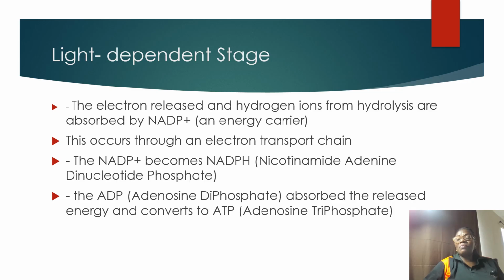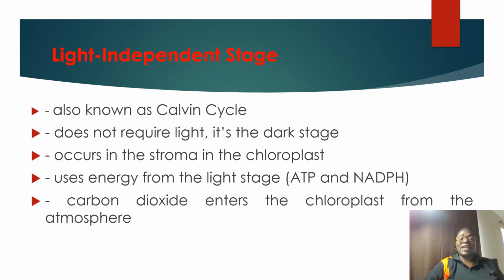These two, the NADPH and the ATP, move to the next stage of photosynthesis, which is referred to as the light independent stage. The light independent stage does not require light, though it may take place while the sunlight is on, but it doesn't require light, and that is why it's referred to as the dark stage.